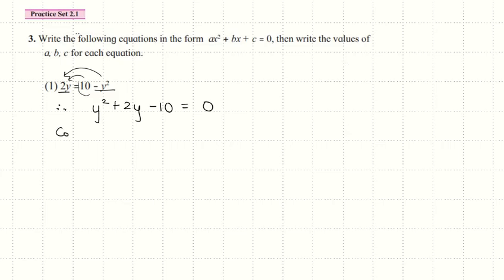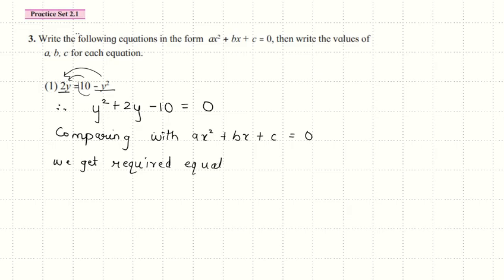Comparing with ax square plus bx plus c is equal to 0, we get the required equation as y square plus 2y minus 10 is equal to 0.